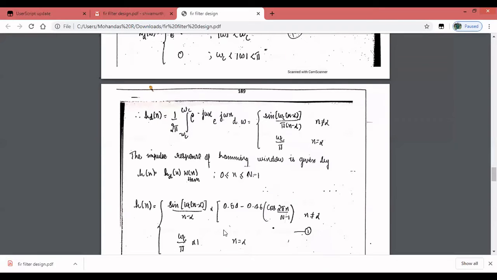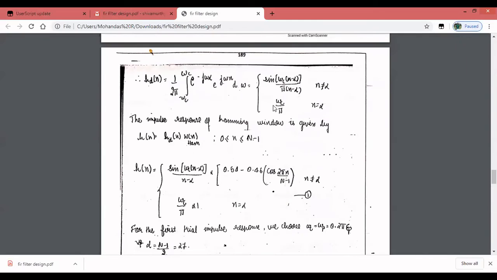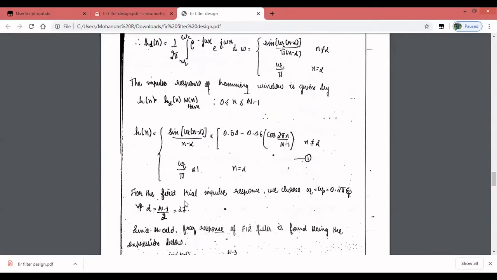The Hamming window expression is 0.54 minus 0.46 cos of 2 pi n divided by N minus 1, for n varying from 0 to N minus 1, which we have seen in the earlier classes. The next case is omega c by pi for n equal to alpha.